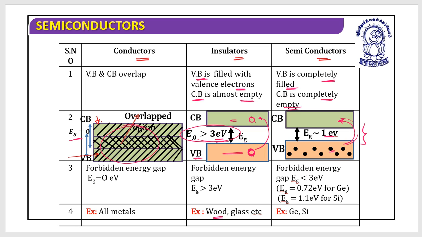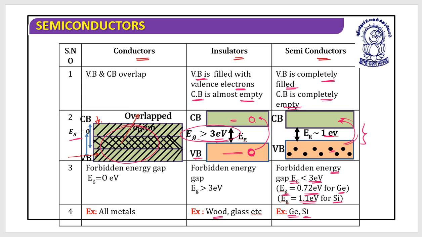The forbidden energy gap Eg is less than 3 eV: for germanium it is 0.72 eV, and for silicon approximately 1.1 eV. Examples of semiconductors are germanium and silicon.